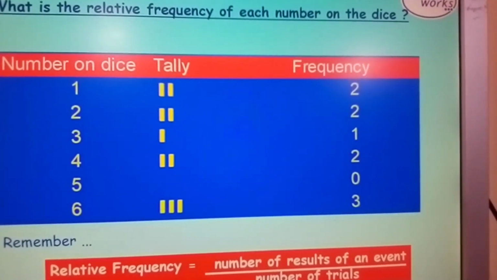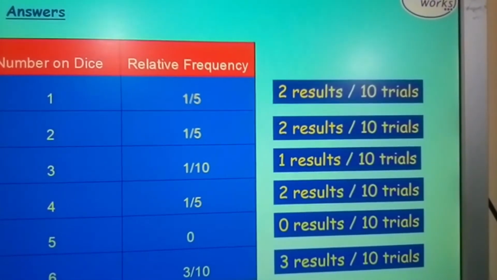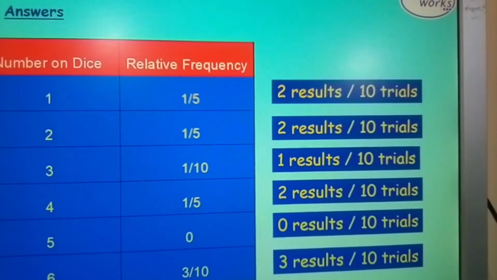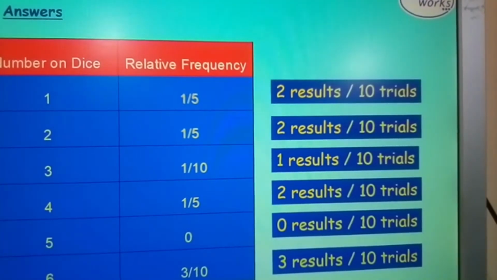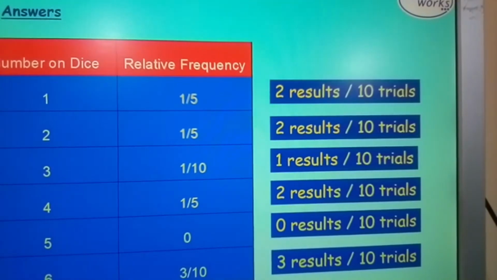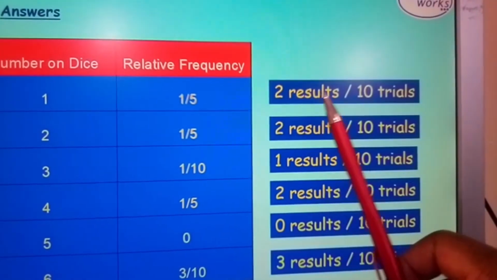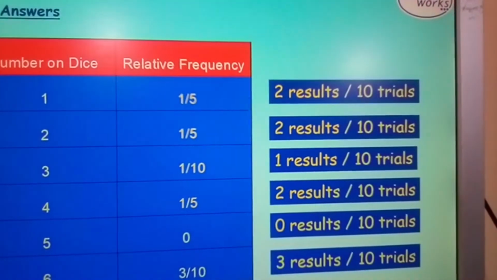So number on dice is 1, relative frequency 1 over 5. Now here, what we're looking at is 2 results divided by 10 trials, because we have 10 trials.